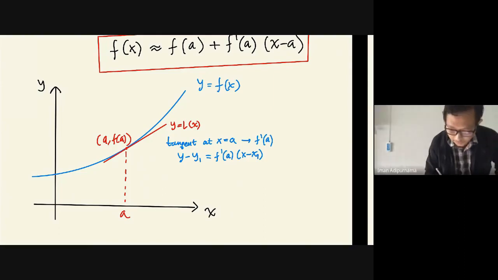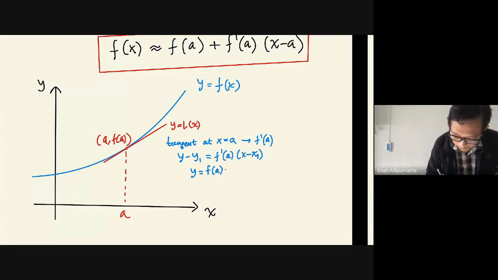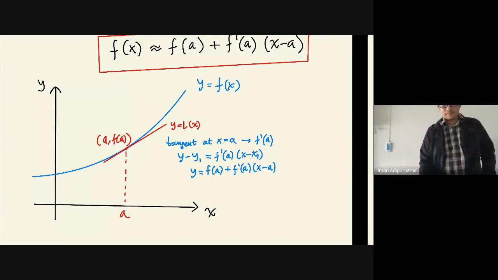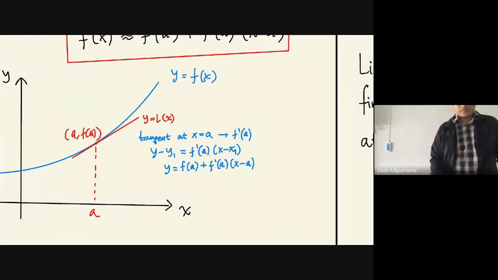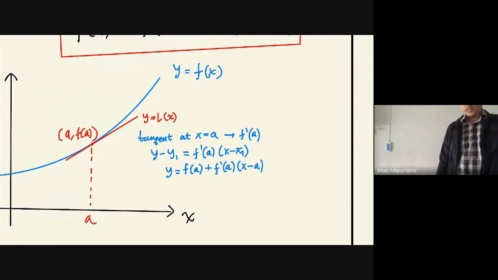This is very similar to that, but I will write y1 is our f(a), and I will write f(a) plus f prime a times x minus a. So the tangent line will be the same as the function, the curve.